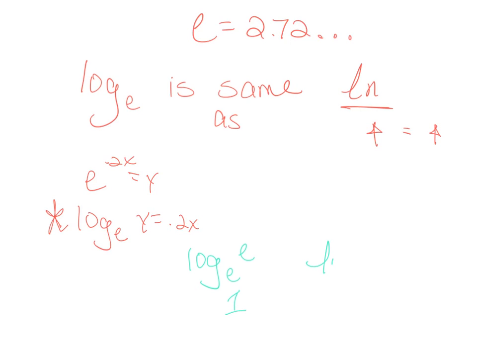So if I take the natural log of e, that's equal to 1 without doing any converting or moving anything around. I can just change it to the natural log of e, which makes life easier when we have a 1.